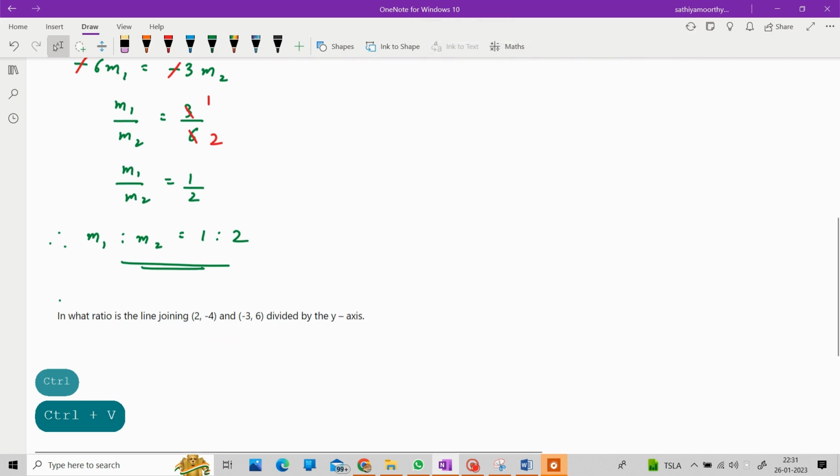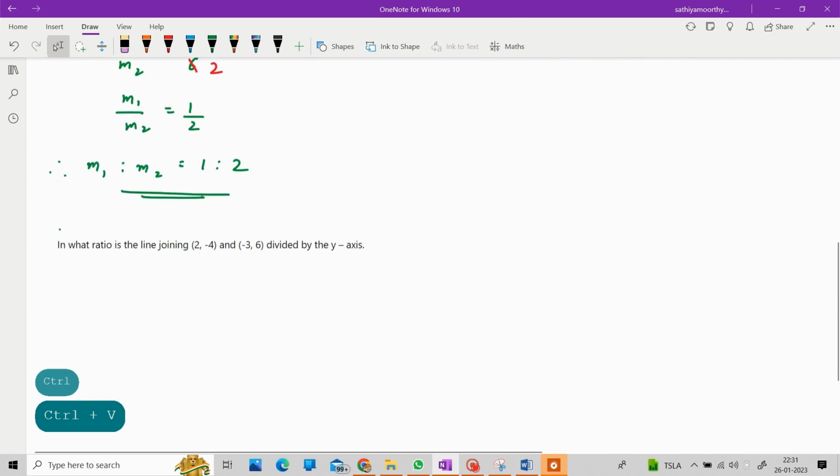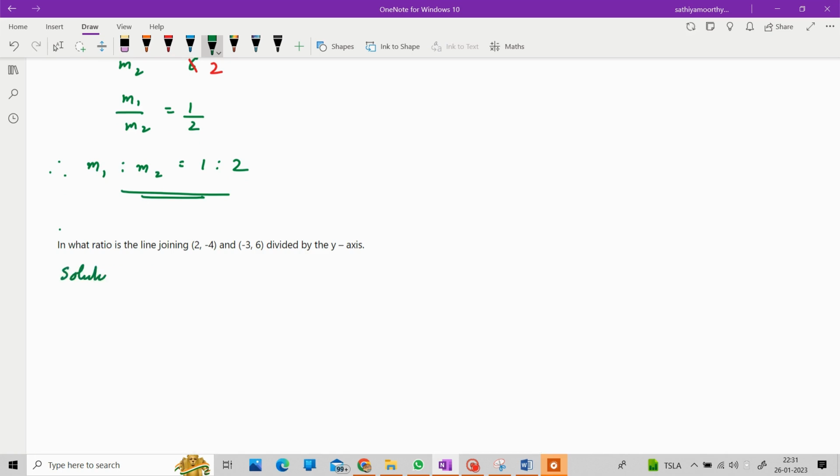Here, in what ratio is the line joining 2 comma minus 4 and minus 3 comma 6 divided by the y-axis? Okay. So again they are asking us to find out the ratio.